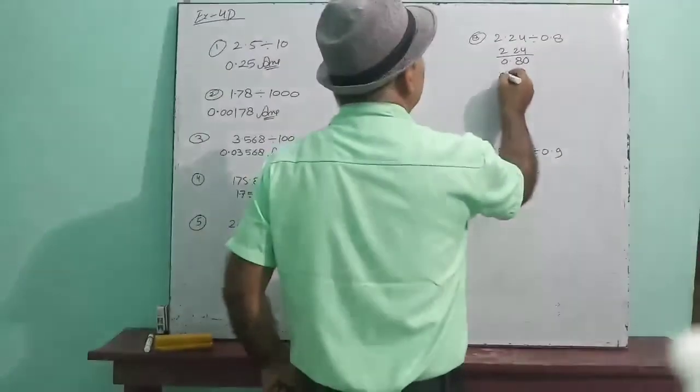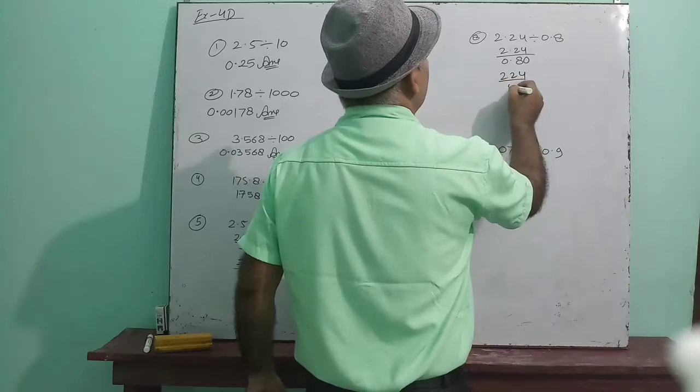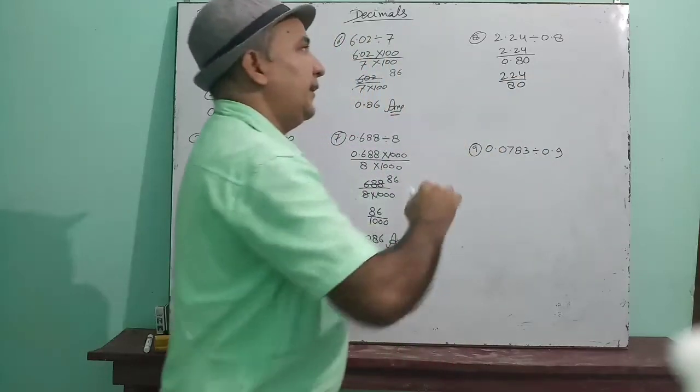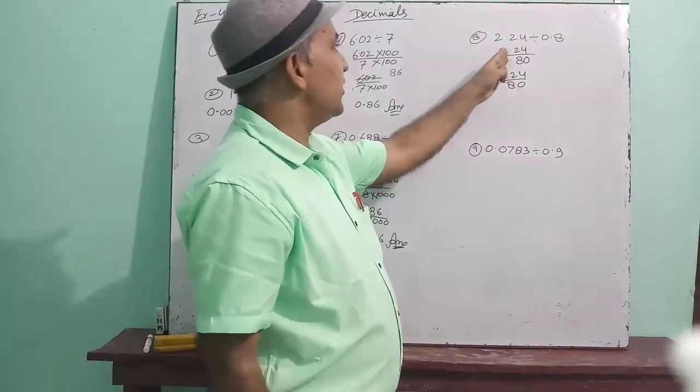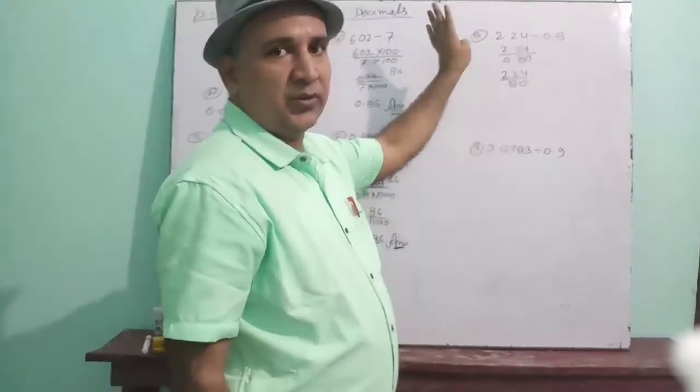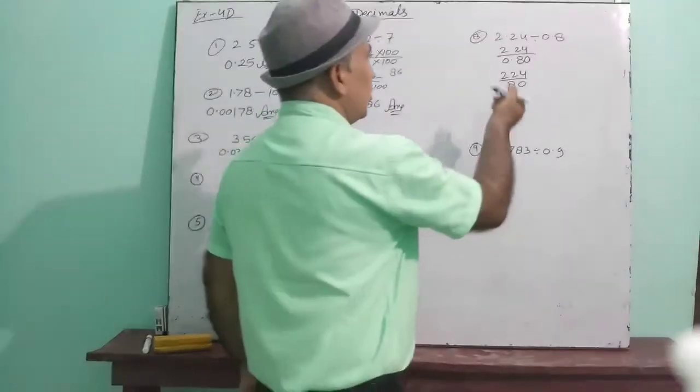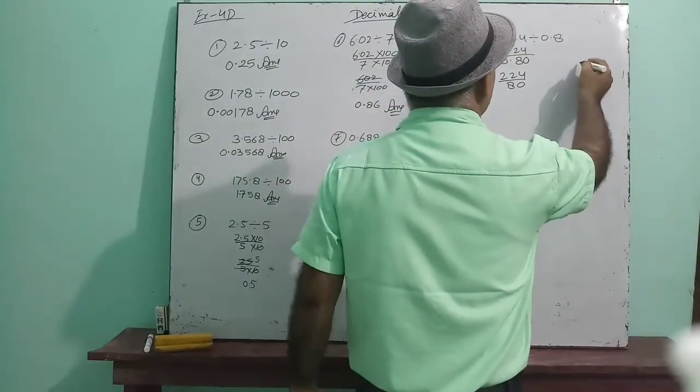Now we can remove the decimal. 224 upon 80. No need of multiplying any number. Like decimals can be removed directly. Okay. Now divide and get your answer.